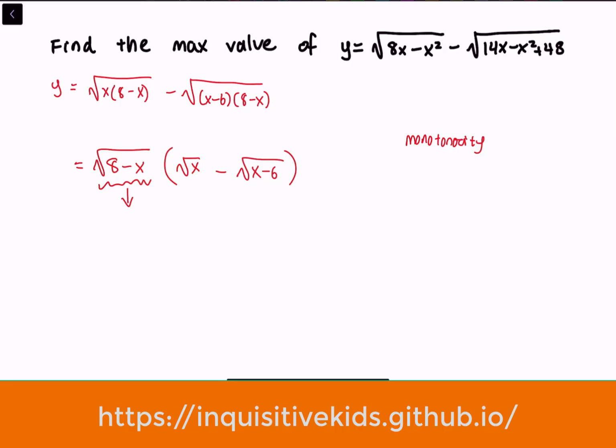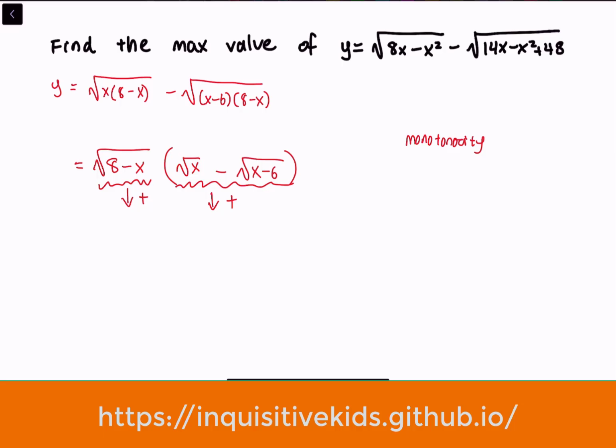But the square root of x minus 6 will always be less than the square root of x, because x minus 6 would always be less than x. So as x increases, this entire value will start to decrease. But now we have to remember that even though these two parts are decreasing, they're always going to be positive, because square roots cannot be negative, and they're not going to be 0 in this case.